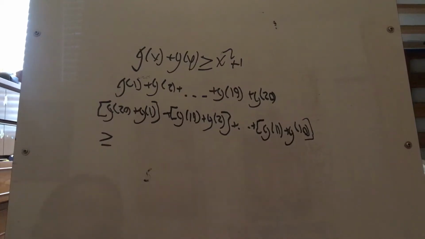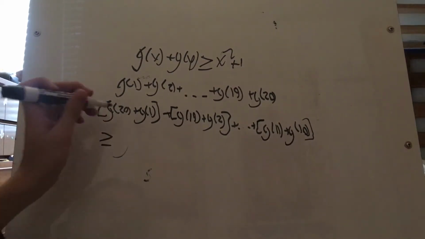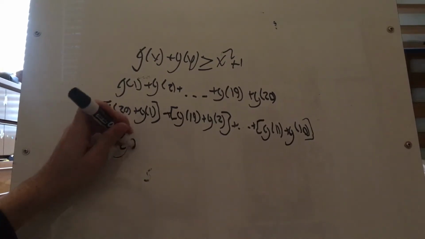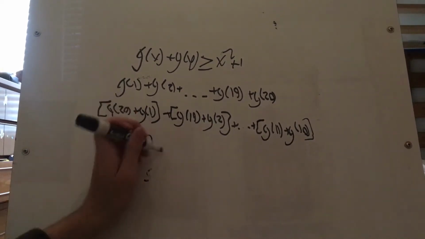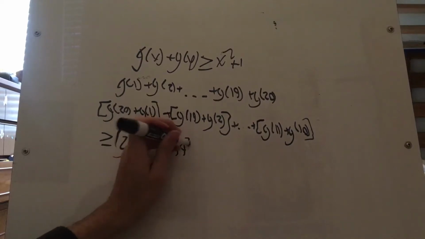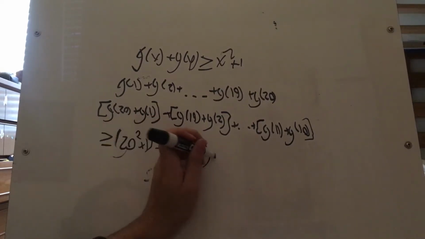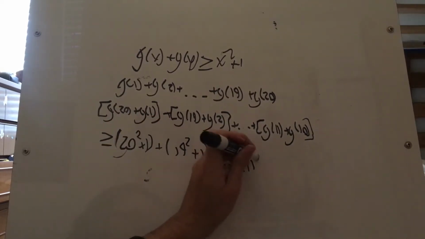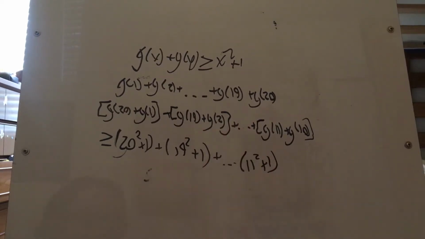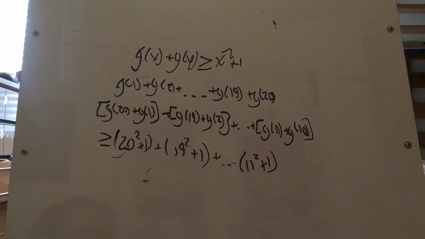So this has to be greater than or equal to 20 squared plus 1 plus 19 squared plus 1 all the way down to 11 squared plus 1. If this is a bare minimum, let's assume that we reach it somehow.